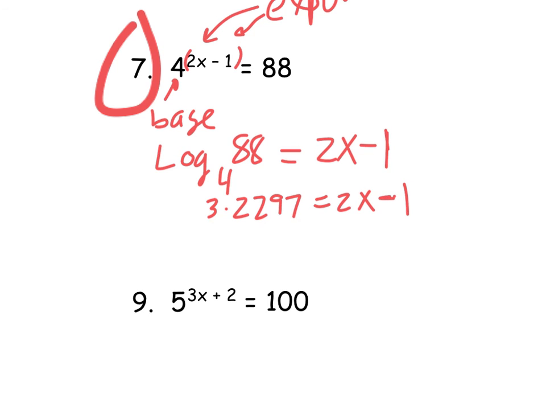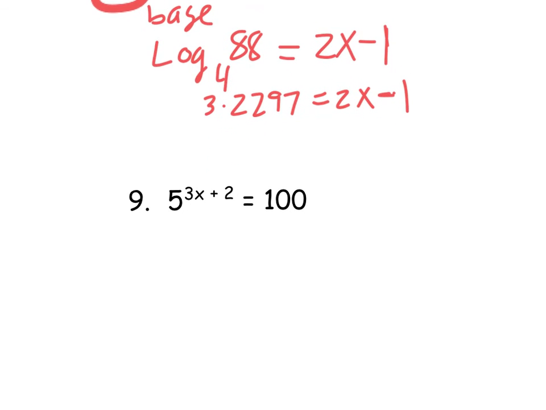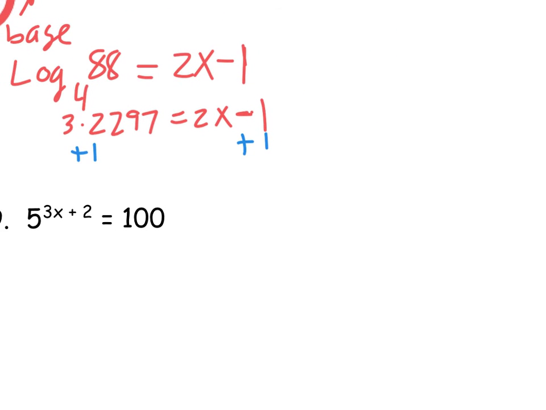So now you don't have a logarithmic equation. You just have to solve this. I'm going to add 1 to both sides. And I'm going to get this. 1 plus 3.2297 is 4.2297 equals 2x. Then just divide by 2.